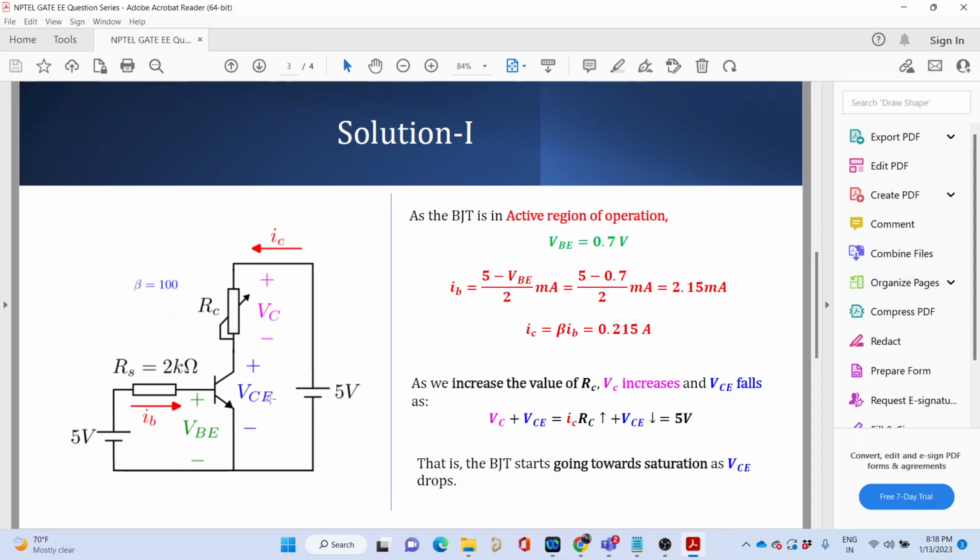IC I have told to be 0.215, RC is 200 kilo ohm. Use a calculator. What is the value you are getting?